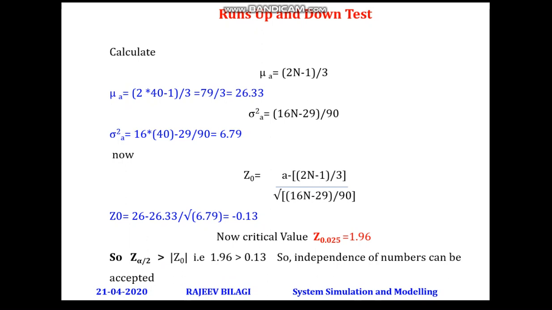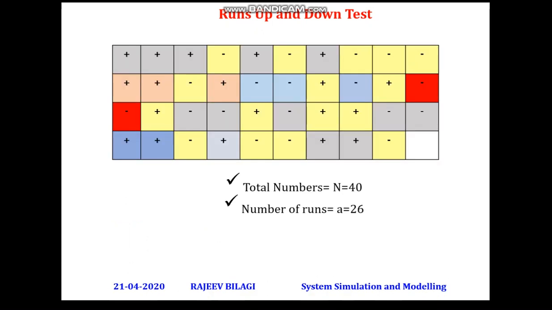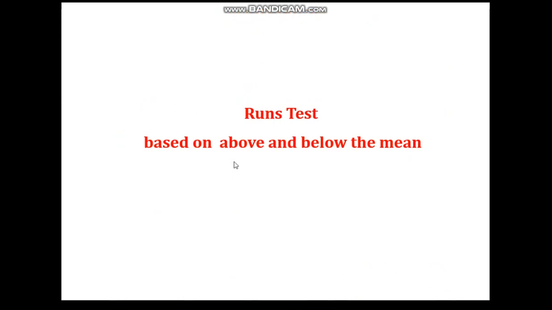Now what will happen for a different set of numbers, if you get the same set of runs, the same sequence of plus and minus signs? That is where sometimes the runs up and down test may not be acceptable.